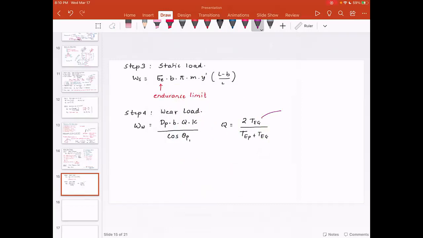TEG is the equivalent number of teeth on gear, which is TG divided by cosine of theta G. And TEP is the equivalent number of teeth on pinion, TP divided by cosine theta P. So that is the difference that you want to take into account when you actually solve the problem. Wear load is always calculated based on pinion.